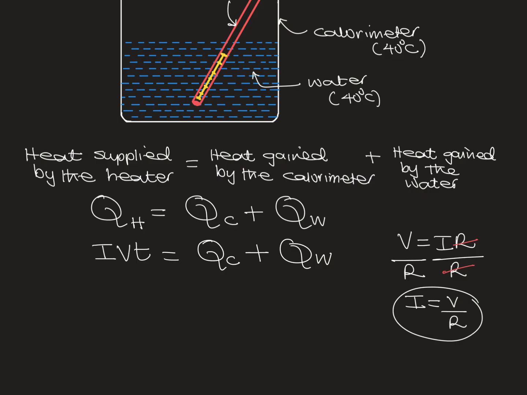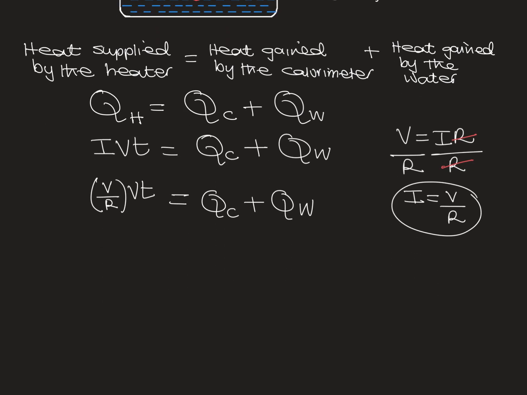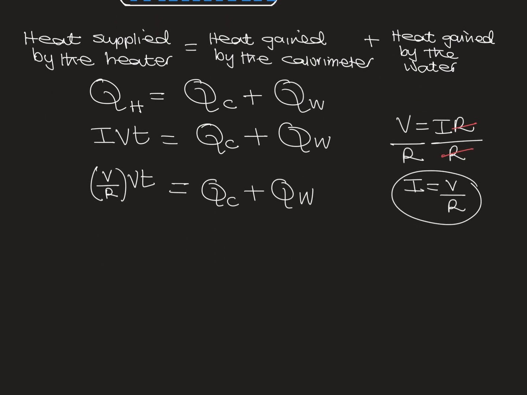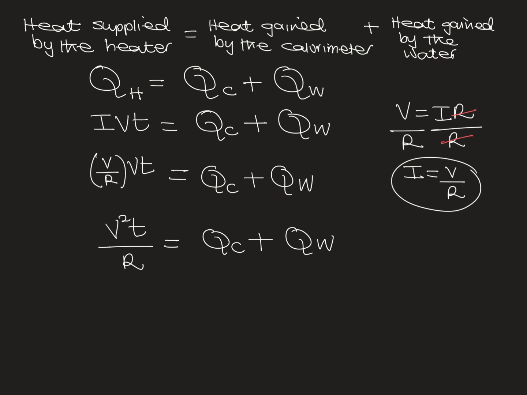That will be voltage divided by resistance multiplied by voltage multiplied by time. This is equal to QC plus QW. So voltage times voltage will be voltage squared multiplied by time divided by the resistance. This is equal to QC plus QW.